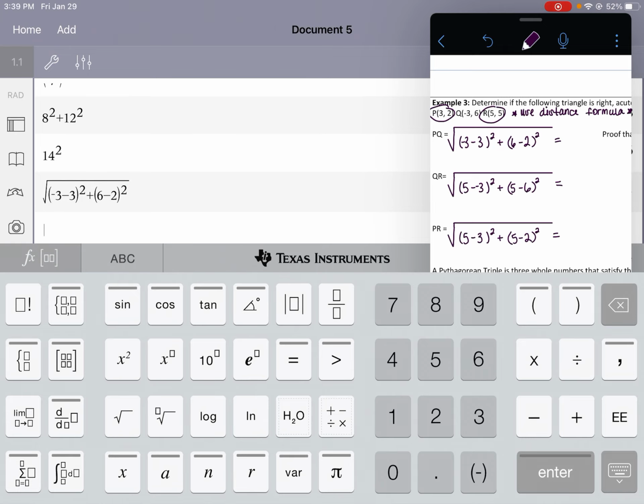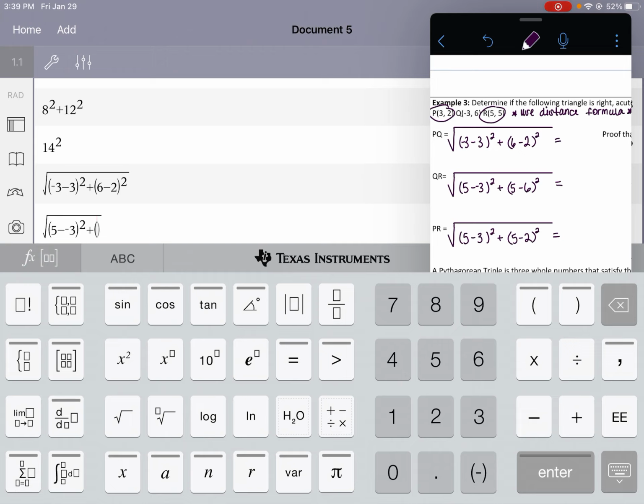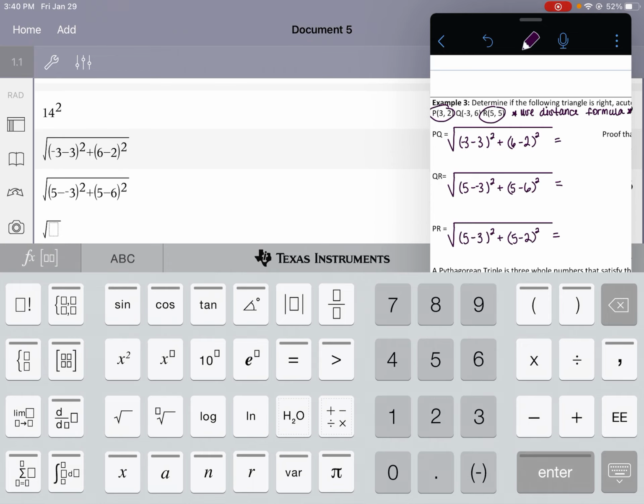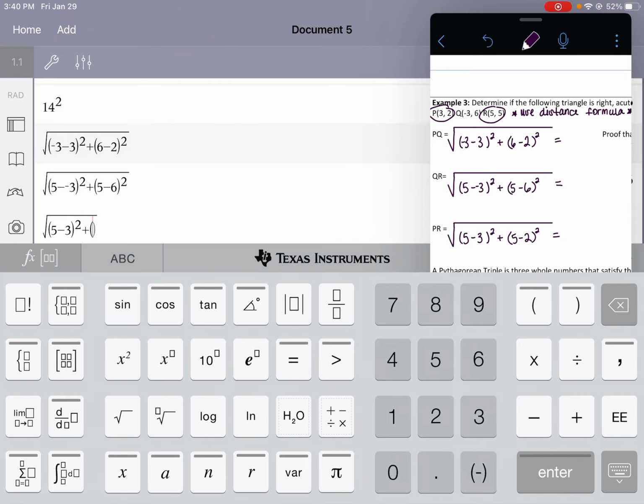And then we're going to have, I'm just going to do all of these at once so I don't have to keep going back and forth. 5 minus -3 squared plus 5 minus 6 squared. And last but not least, 5 minus 3 squared plus 5 minus 2 squared.